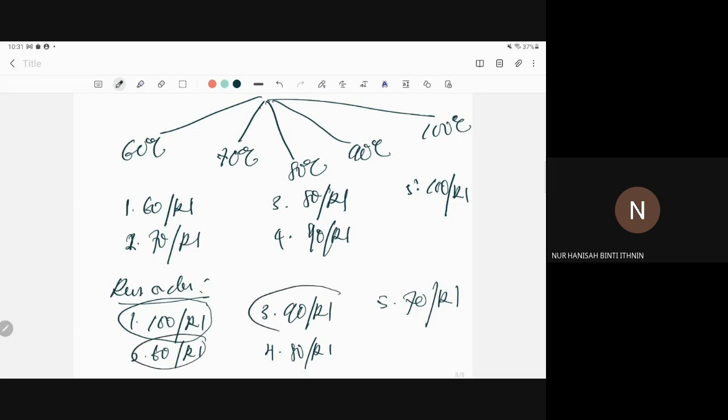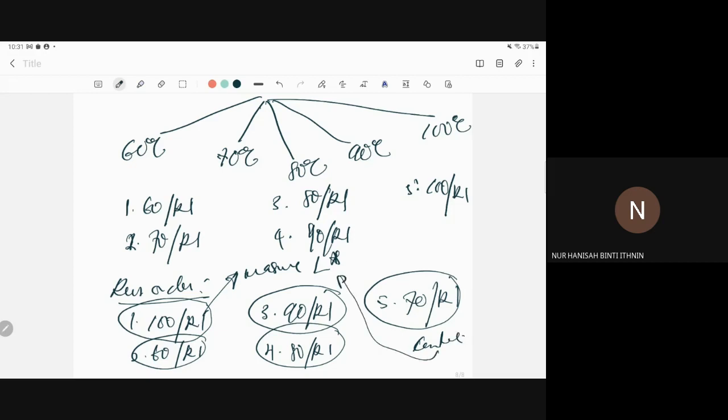The third one, the fourth one, and lastly the 5th one to this treatment. And then you can immediately measure L star, or you can combine everything, then measure. You can also do it like that.